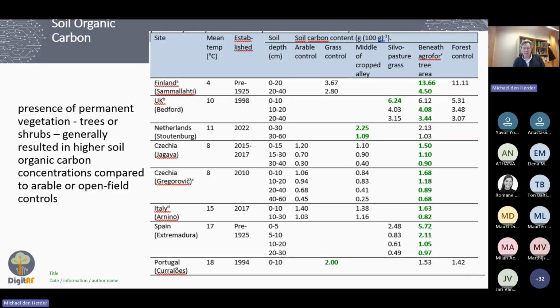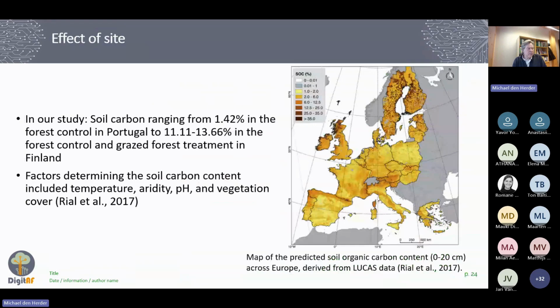We also see that in Finland the forest area or the silvopasture area had a very high carbon content. First, I thought, how is it possible? It's very high. But then, after doing some research, we thought that there's a very big range in soil organic carbon. This study is based on the LUCAS data set, where they also study soil.